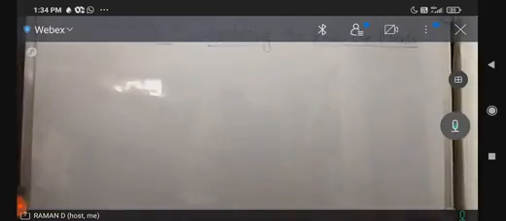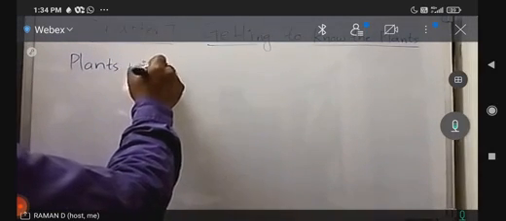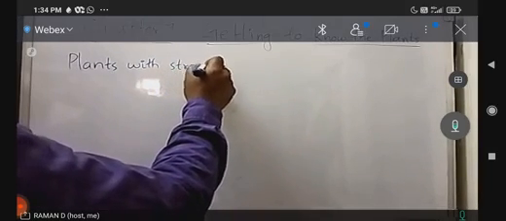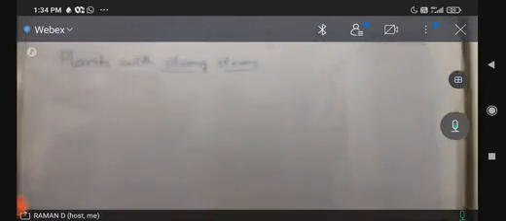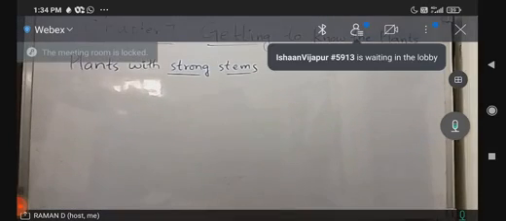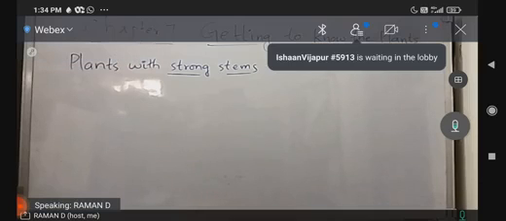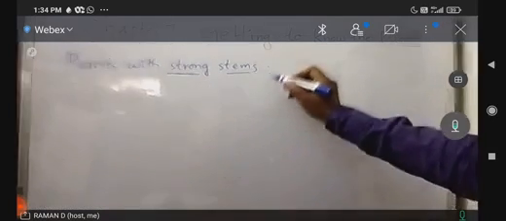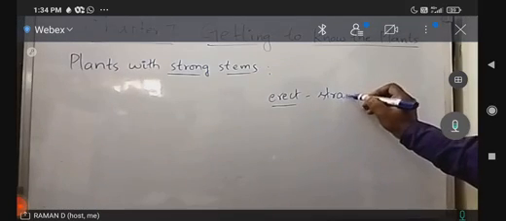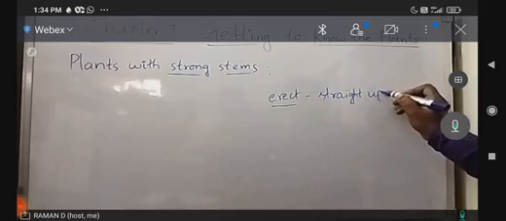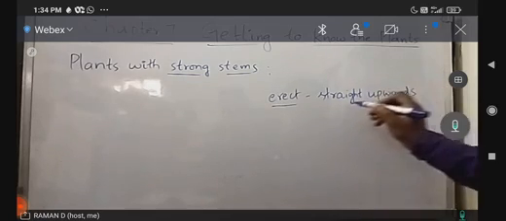So plants with strong stems. The stem is strong so that the plant can grow erect. Erect means straight upwards. Are you getting it?